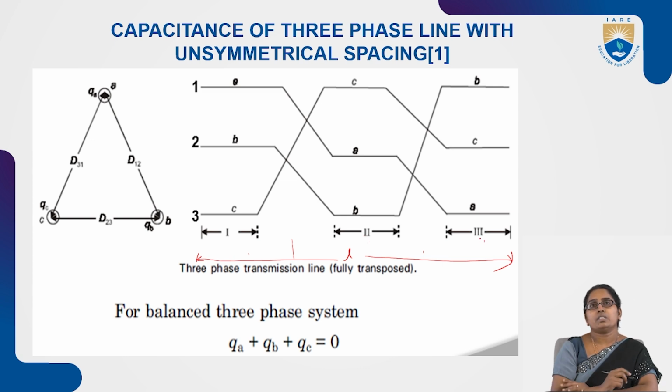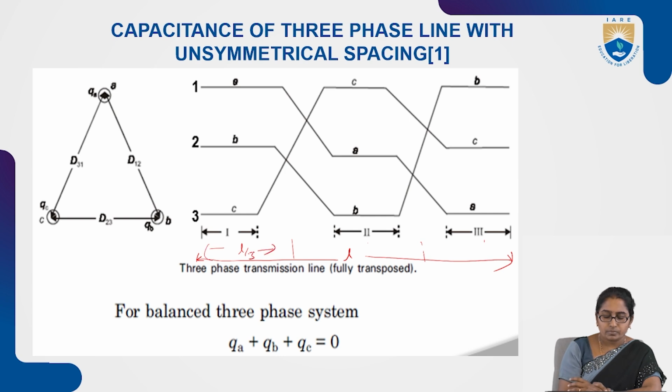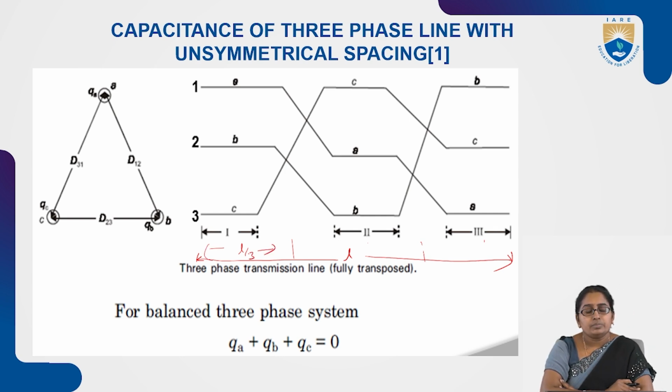Each position length is equal to L by 3. Now, transposition means if a line is transposed, each conductor takes all the positions of the conductors. Here, each position is one third of the total length of the line.